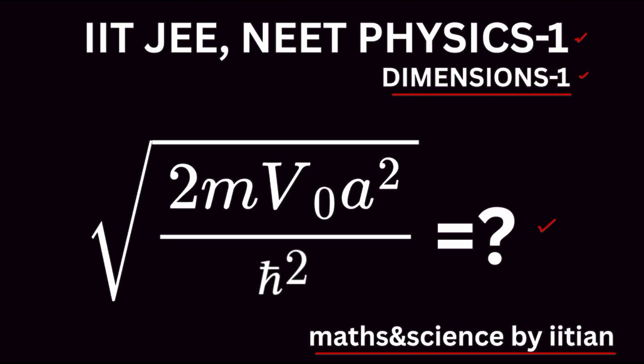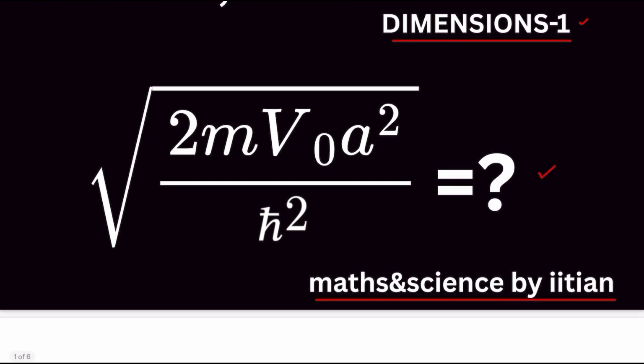The equation is square root of 2m V0 into a square by h bar square, h bar, we can even call it as h cut.